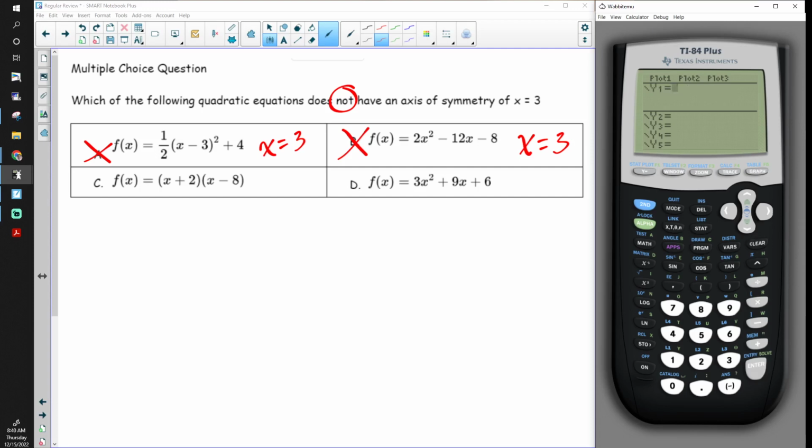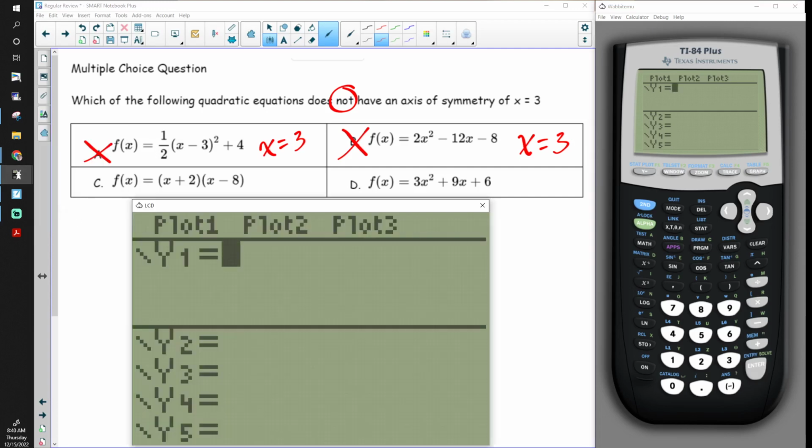Okay, so we go to C. We need to figure out what C's axis of symmetry is. So I go to my y equals, clear out that old graph, and I'm going to type in C. Parentheses, x plus 2, and x minus 8.